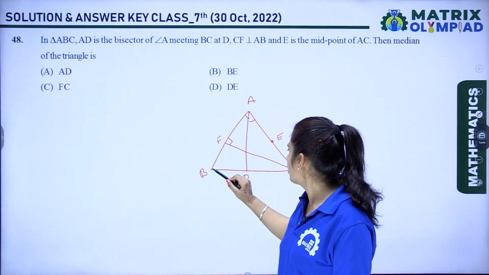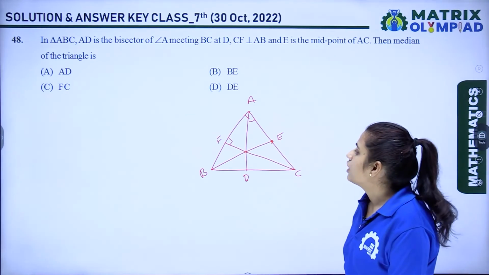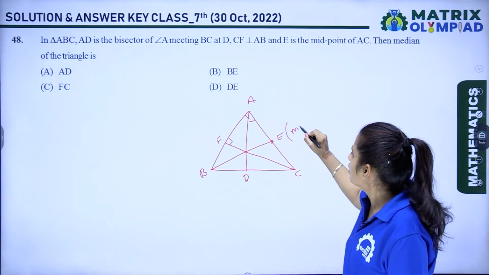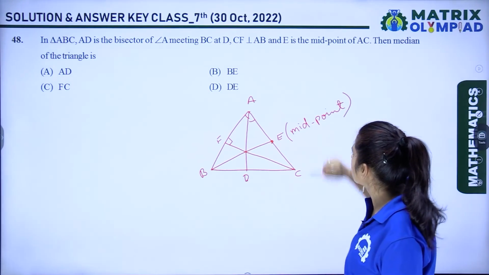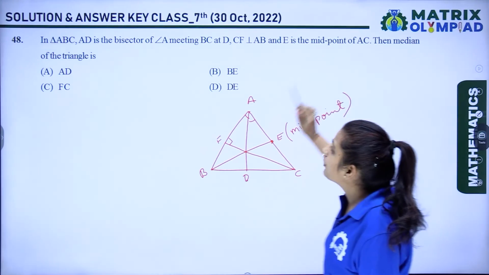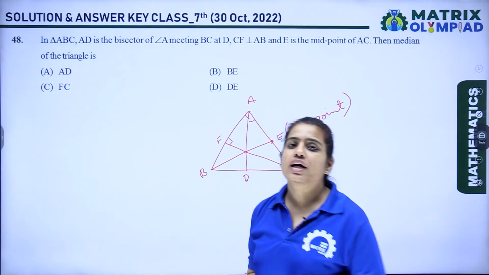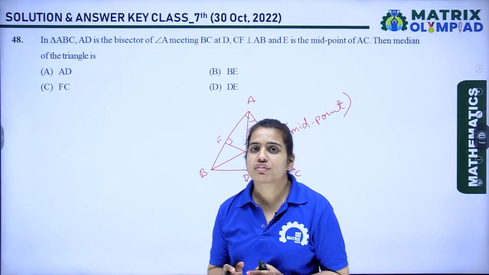So let's join B and E. This is the midpoint. We have to find out the median of the triangle. We know that a median of a triangle divides the opposite side into two equal parts.